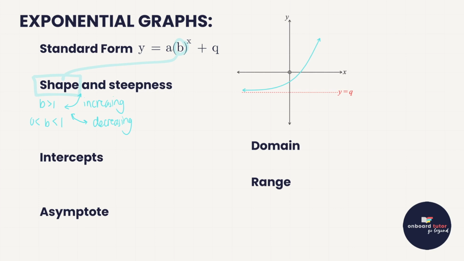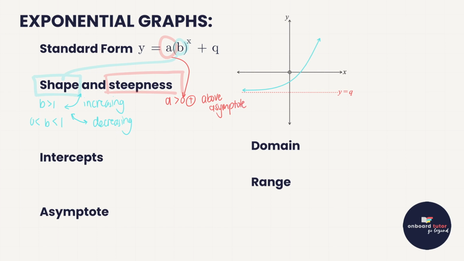Okay, another thing to look at is this a value here, and a is linked to the steepness of a graph. Okay, now if a is positive, there's so many variables here, but let's just look at them one at a time. If a is positive, remember in maths we write it like that, then the graph is going to be above the asymptote.